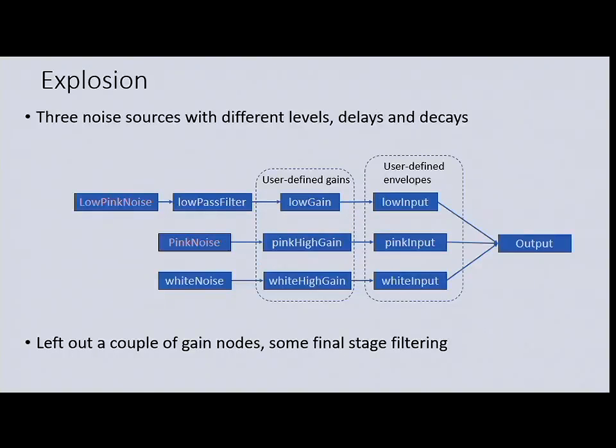We use pink noise without additional filtering to get primarily the mid-range sound, also some high frequencies, and white noise to get a strong emphasis on the high frequencies. We apply a gain to each of them, and envelopes to each of them, and that's going to be the output.